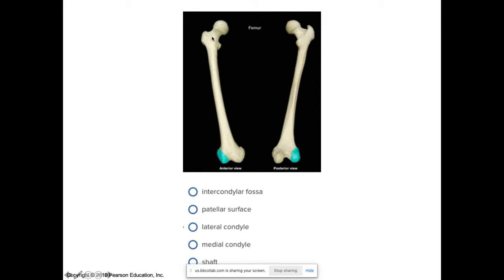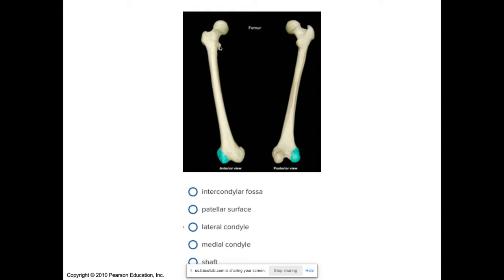When you look at the femur, this is the longest bone of the body. It's part of the lower extremity. There's the head of the femur. Here's the neck. Here's the shaft. You have a greater and lesser trochanter, not to be confused with the humerus that has a greater and lesser tubercle.